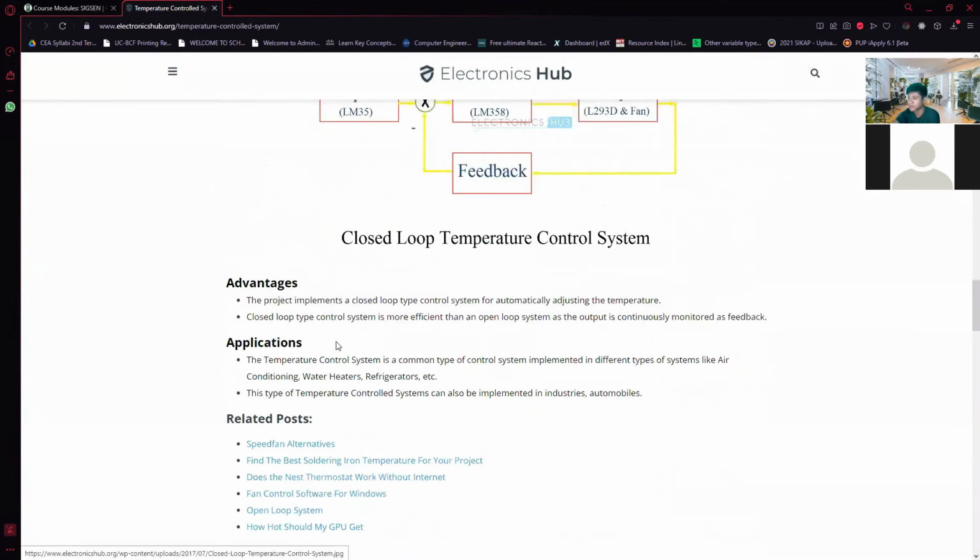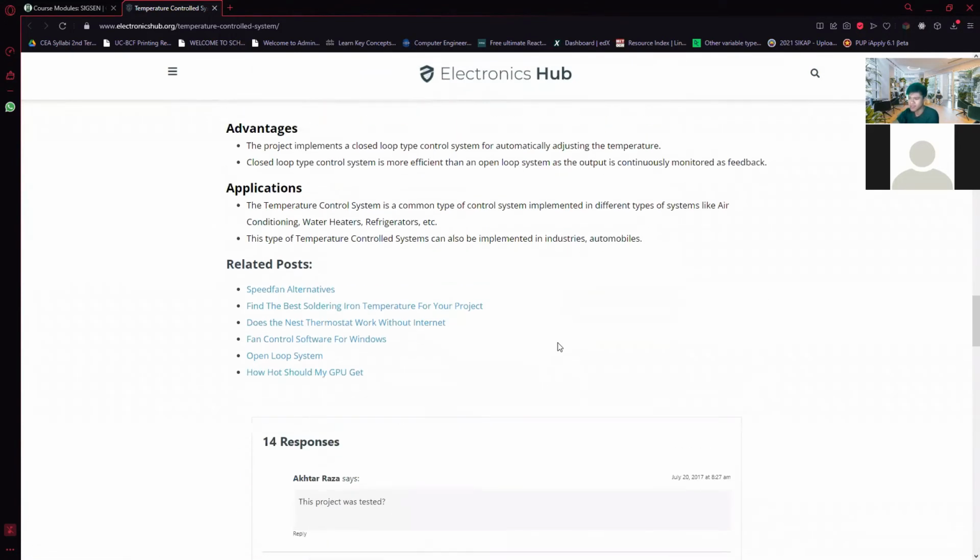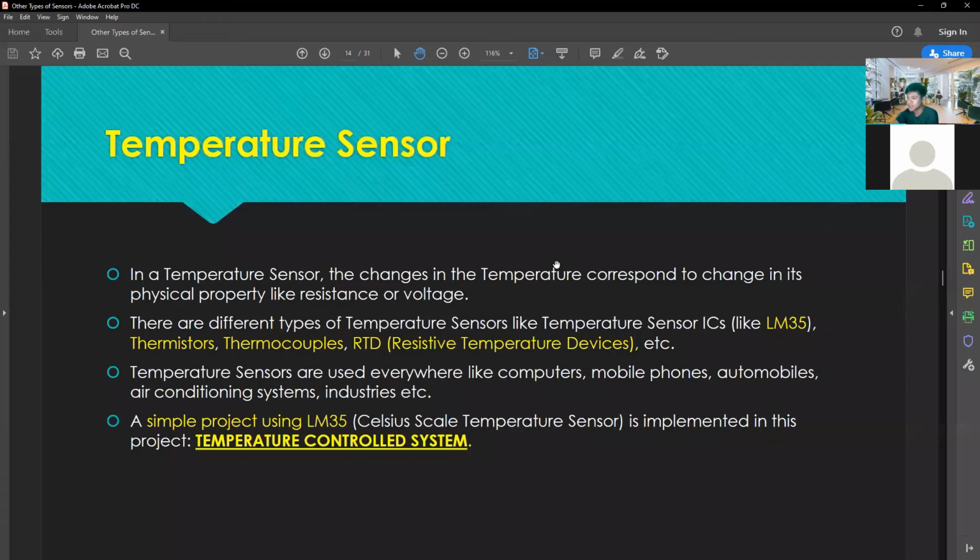We even have the block diagram of this project, and then its advantages and applications. Anyway, just check this one out later regarding the temperature sensor.